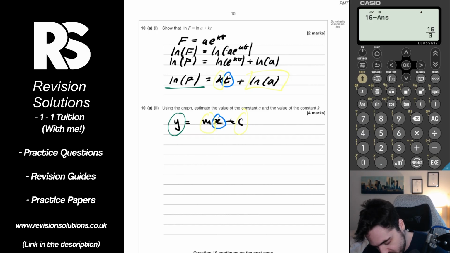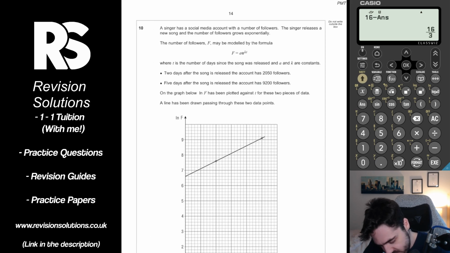So first off, the gradient from our graph. Let's actually take the two points they plotted. That would be a good idea, wouldn't it? So 5 days after the song is released, 9,200 followers, but we have to be careful because we have to look at the natural log of those values, right?